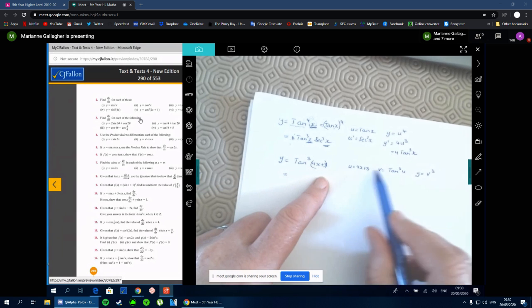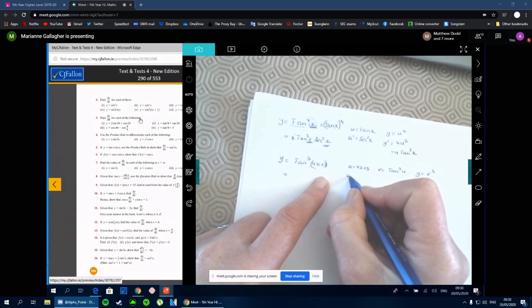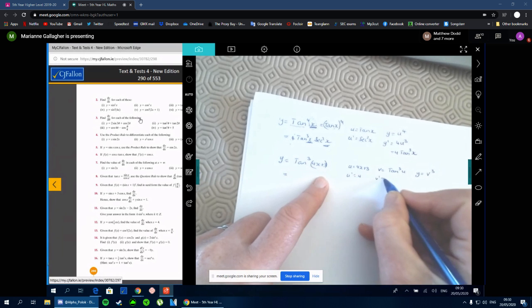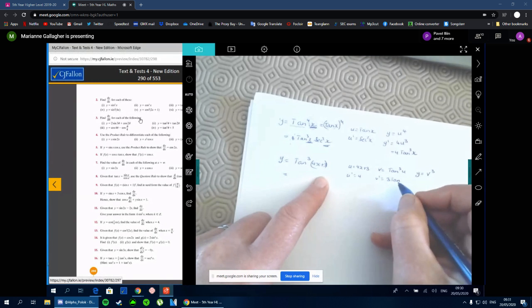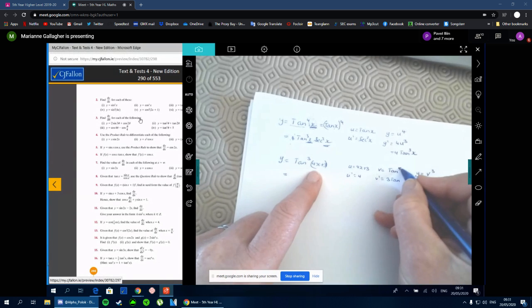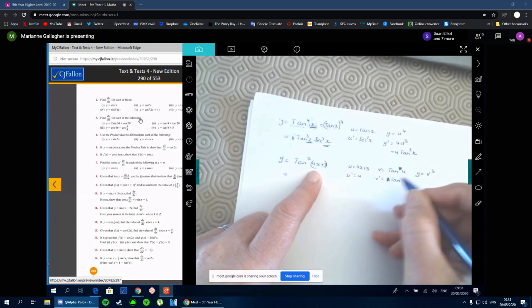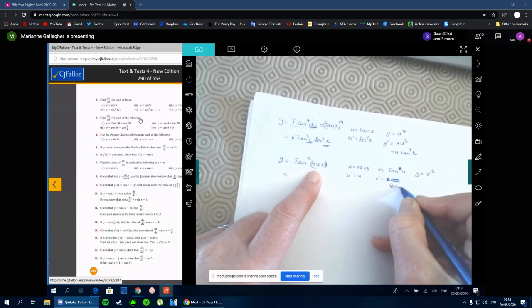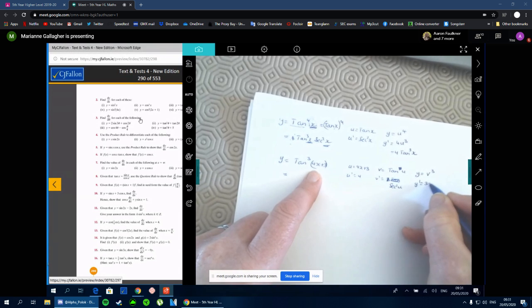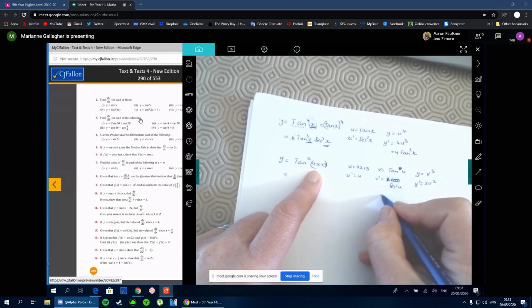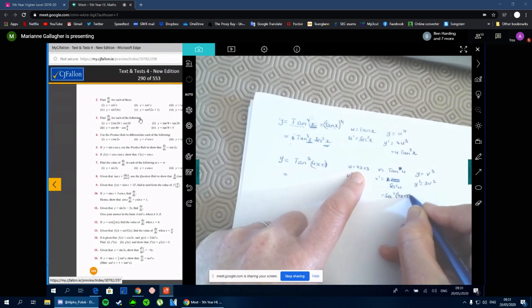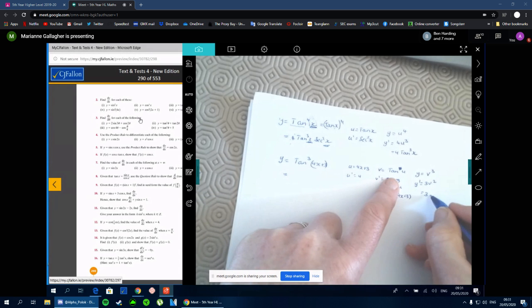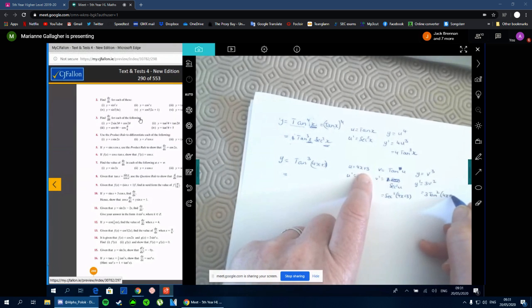So you've really got 3 things going on here. And you've got u prime is 4, v prime is sec squared u, and y prime is 3v squared. So this would become sec squared of u, where u is 4x plus 3, and this is 3v squared, which is tan squared of 4x plus 3.